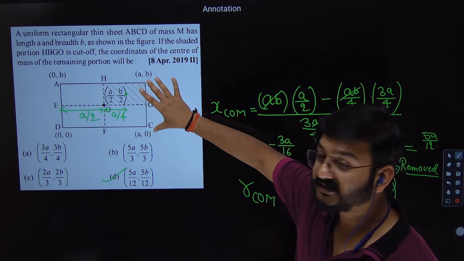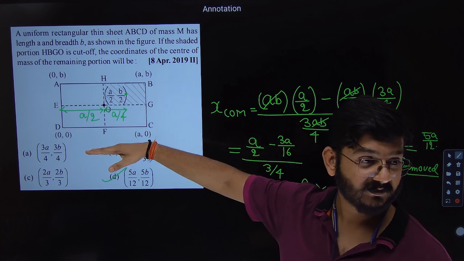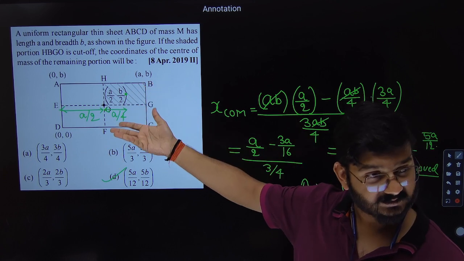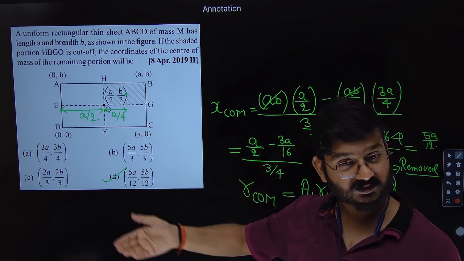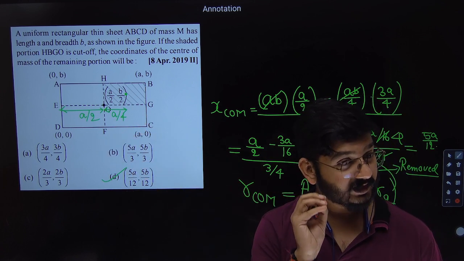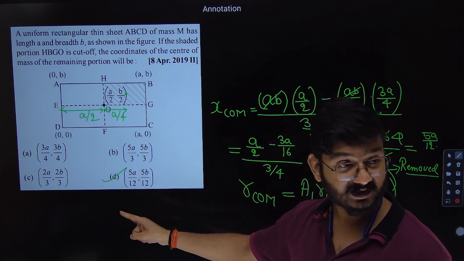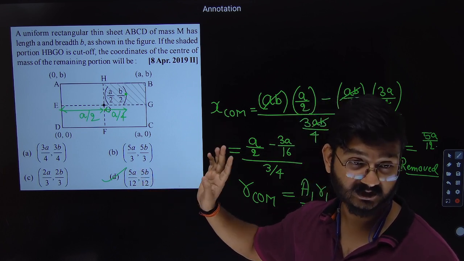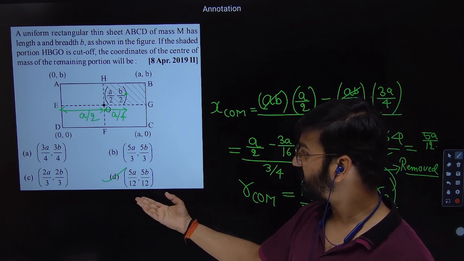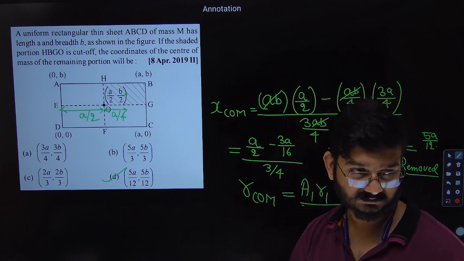For the y coordinate, which dimension will come into the picture? Height or base? Height, B. In this question also, you can use your common sense to save your time. The y coordinate will be the same pattern, A replaced by B. But you don't have to do that because there is only one option with that, so option D.